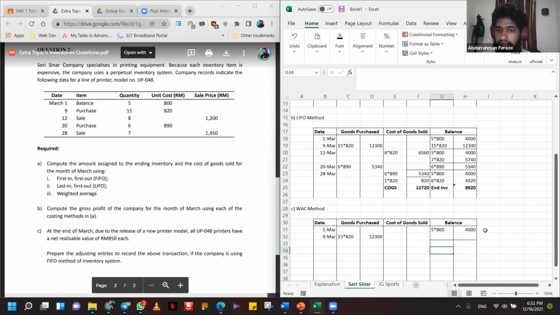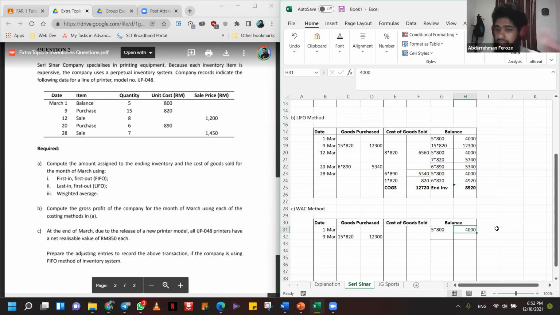So for weighted average cost, we need to find the average cost per unit. On 9th March, we have 5 printers which have been quoted at cost 800, and we have 15 printers which cost 820, right? So the total cost for them is 4,000 and 12,300, right?